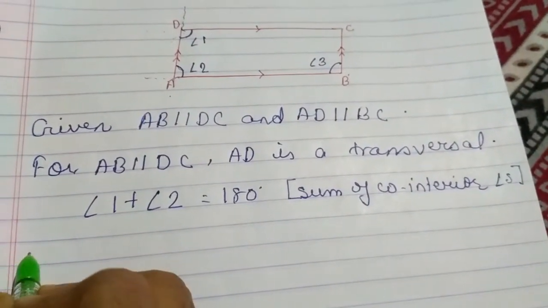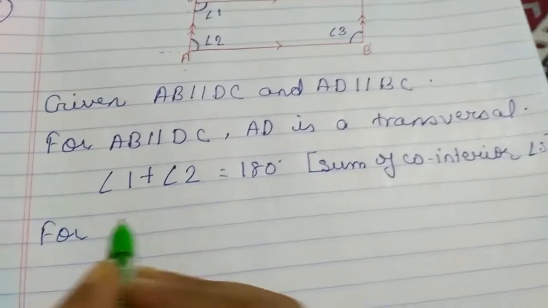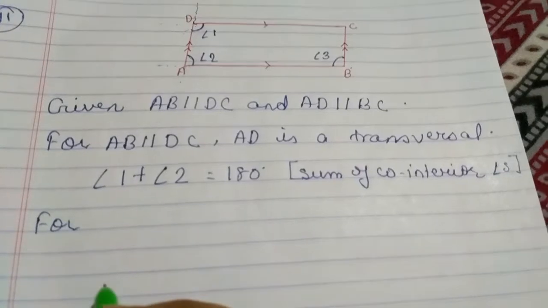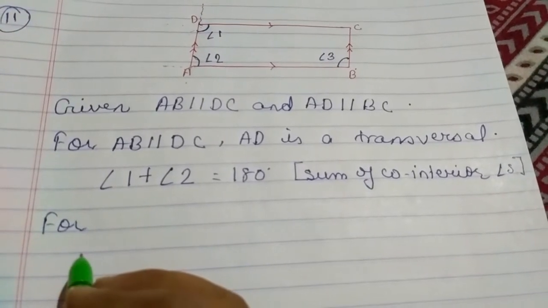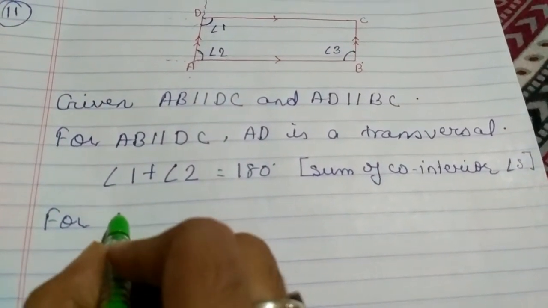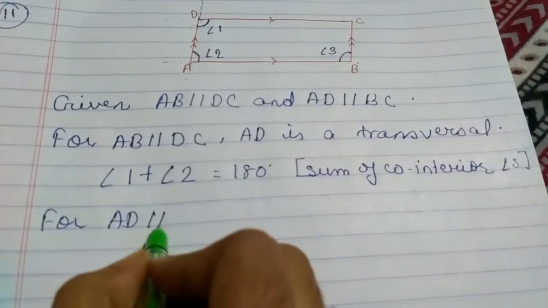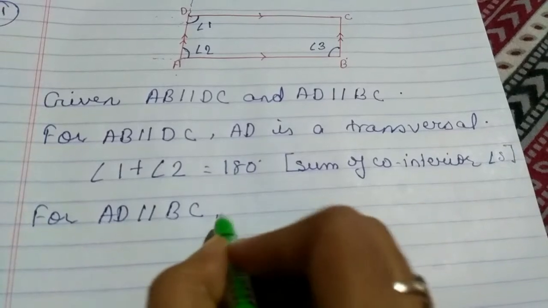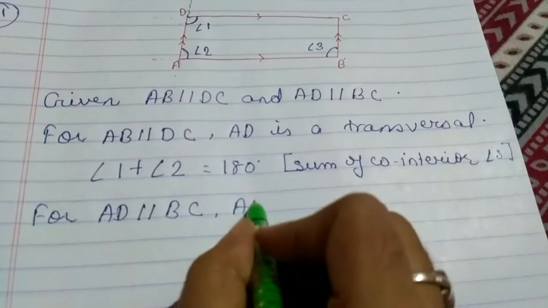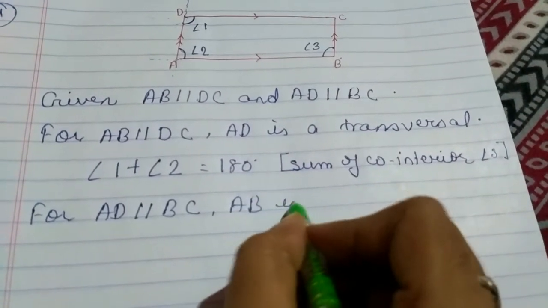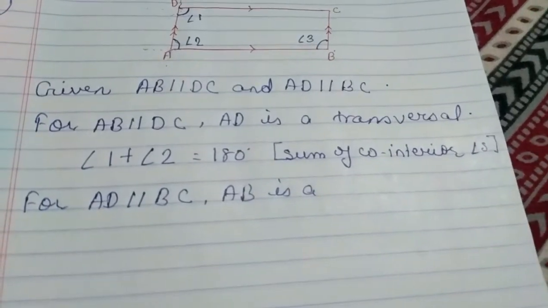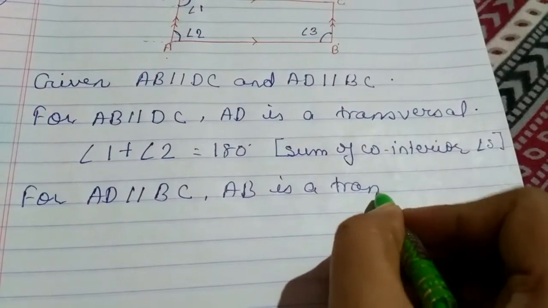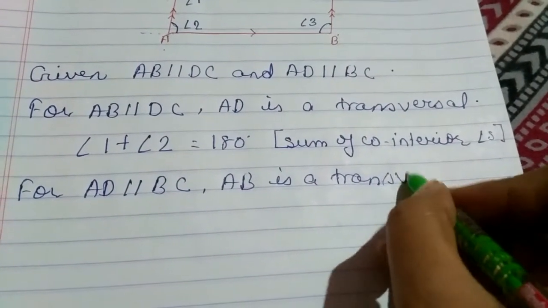So just write down: for AD parallel to BC, AB is a transversal.